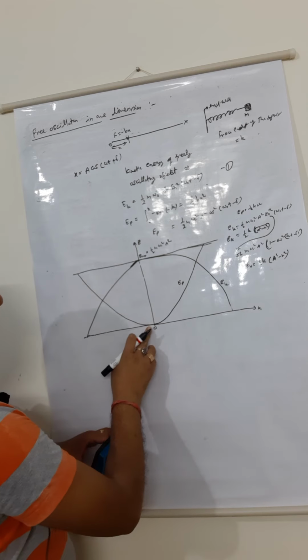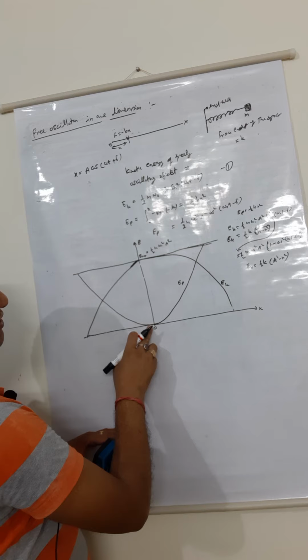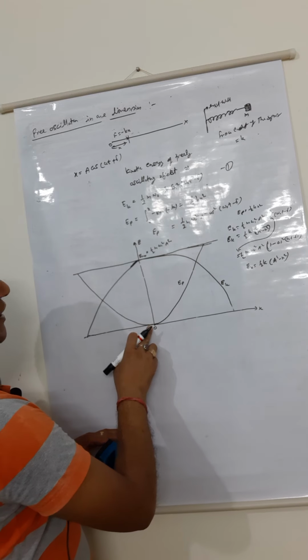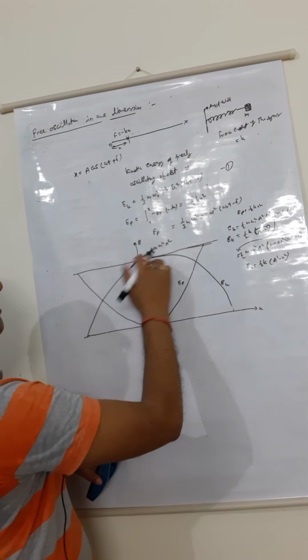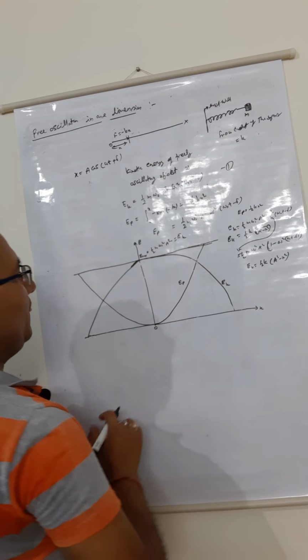Here we observe that the potential energy at the origin is 0 and kinetic energy has the maximum value, and that comes out to be the total energy.